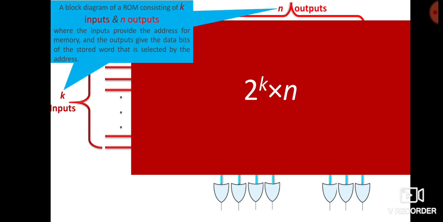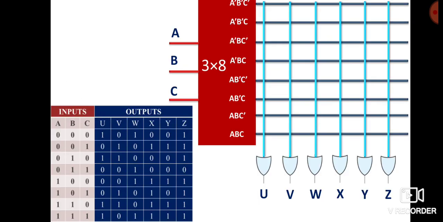Now let's see how we are storing the information in this ROM. Let's say this is the truth table specified to the designer, that I want a ROM with these specifications. If I give 0 0 0 to my memory address register, MAR, the content of MAR will be connected to the address decoder, and this will decode it as the first output of the decoder.